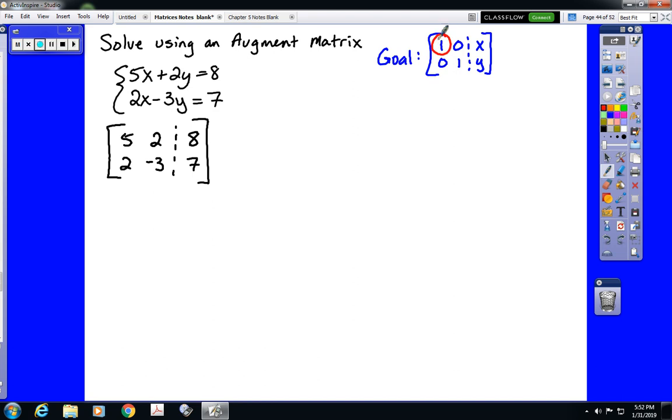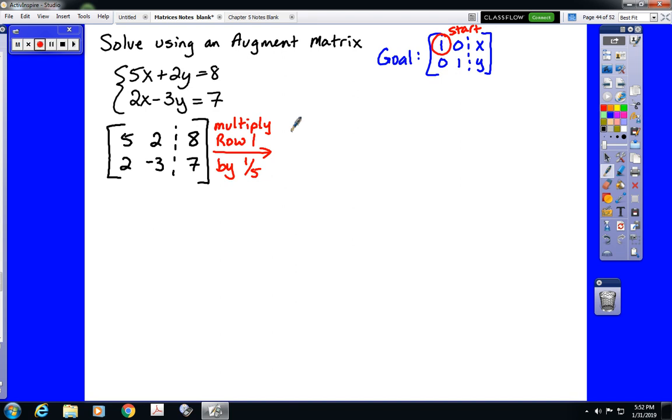You need to start by getting that 1. To get that 1, we don't already have a 1 in the first column. So what we are going to do is multiply row 1 by 1/5. In other words, we're going to divide the first row by 5.